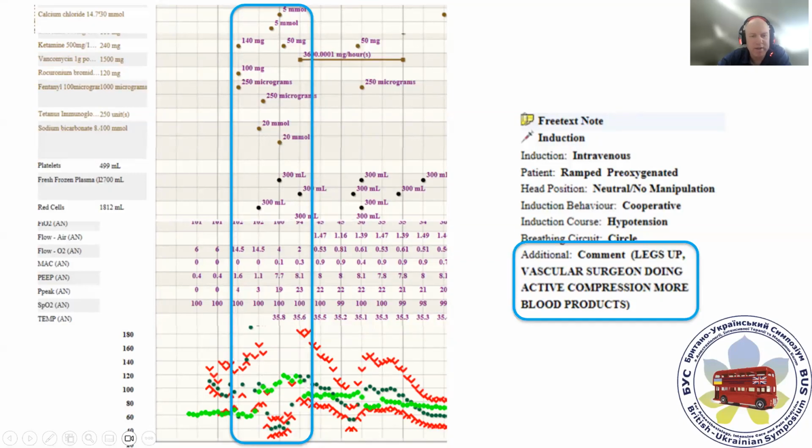You can see that that has caused significant physiological compromise, even though they were giving some red blood cells at the time. They've had to elevate the legs and give compressions and more blood products. Perhaps I would argue that this could be avoided with a slightly more judicious and titrated dose of drugs, and a slower approach to induction.